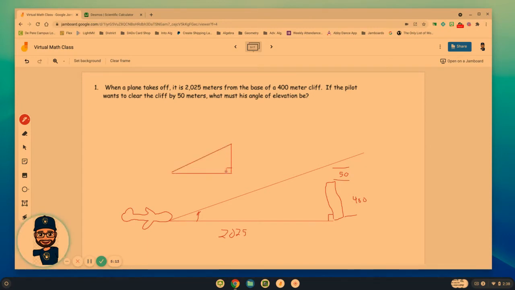The right angle is where the cliff meets this horizontal distance. The plane is 2,025 meters away. It wants to not only clear the 400-meter cliff, but also 50 meters above it. So the triangle that we are looking for would be 450 meters tall. And we are looking for this angle right here.